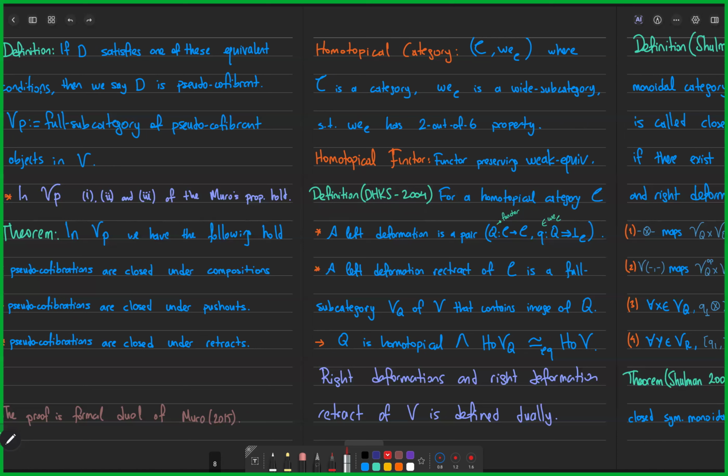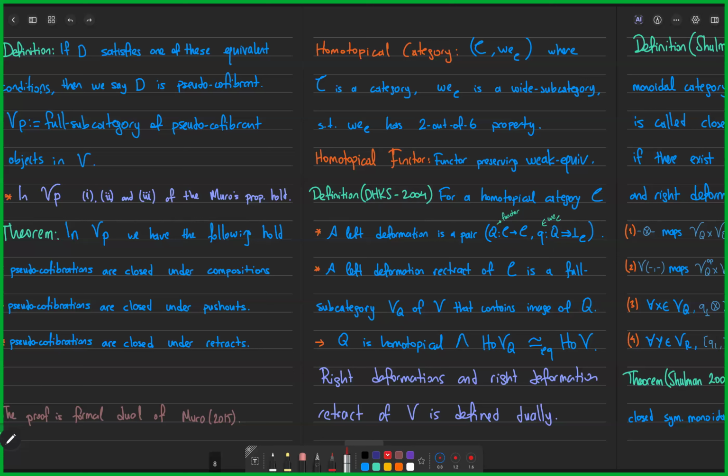A left deformation is a pair Q and small q, where capital Q is a functor from C to C. Here C is a homotopical category, and small q is a natural weak equivalence from Q to the identity of C. A left deformation retract of C is a full subcategory V sub Q of V that contains the image of a left deformation.